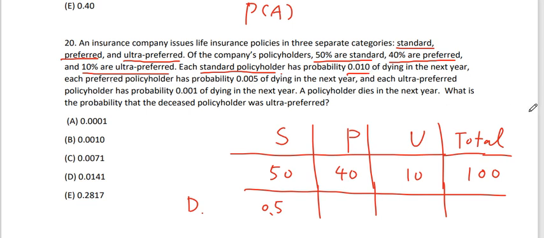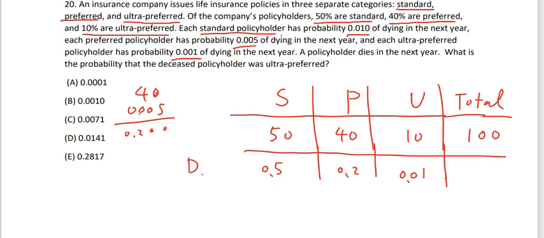And for the second group, it is 0.005, so we multiply 40 by 0.005, which equals 0.2 people who will die. And for the last group, it is 0.001, so 10 multiplied by 0.001. So we can say among 100 people, this many people will die, right?